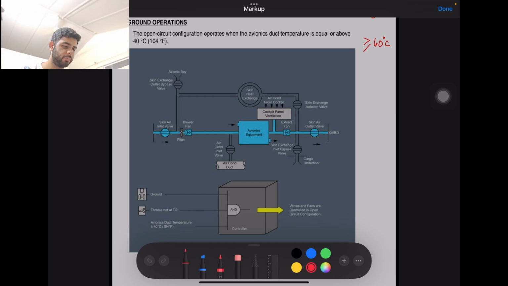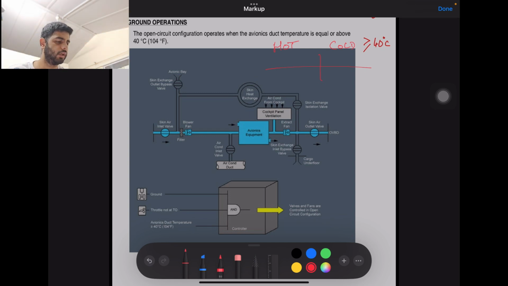The confusion most students will have is in avionics ventilation, based on the types of configurations that are there. On ground you have certain types of configurations, and in air you have certain types of configurations. To ease it out, the way I was taught was you make this small table, and the table's pretty simple.